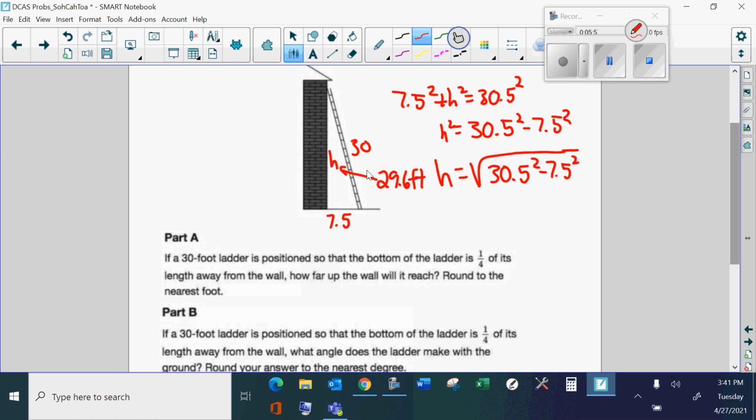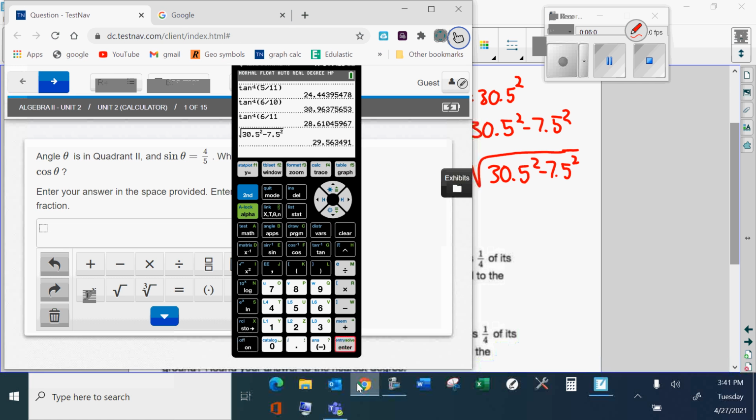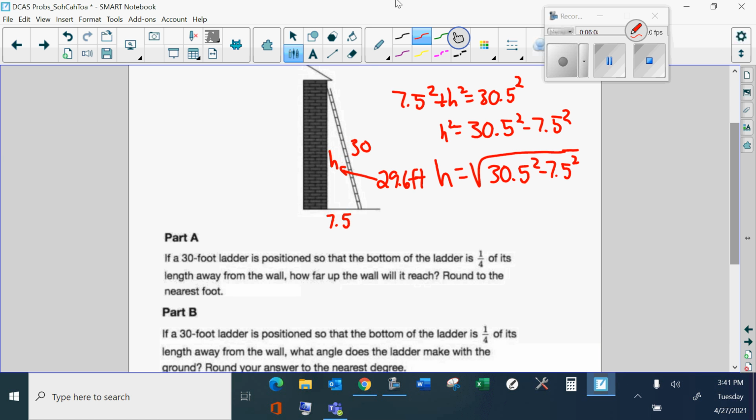Round to the nearest foot. So let's see. 29.6 makes it round up to 30. So nearest foot would be 30 feet. Since we're going to the nearest foot, which obviously makes no sense, the hypotenuse is always along the side. That's why it isn't actually that long.